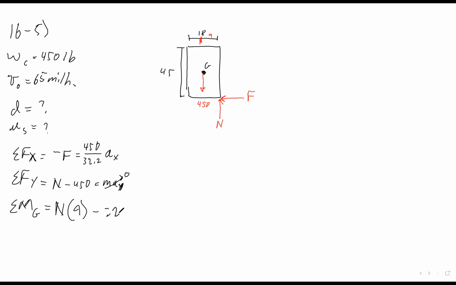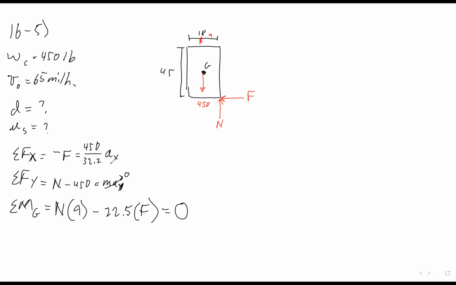So 22.5 is the distance, that's half of 45, and then times force F. And the force is trying to rotate in the clockwise direction, so that's why I have the negative. Okay, the box is not actually going to tip over, so there will be no angular acceleration.